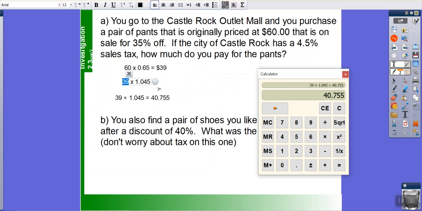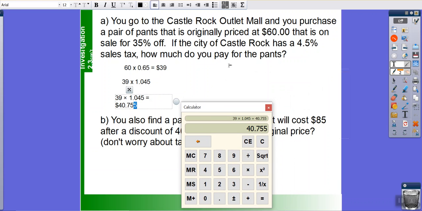So that means I got a $60 pair of pants for a grand total of $40.76, because I have to round up, right? No store is going to give you half a cent for free. Oh no, they're going to make you round up. So that pair of pants is going to cost you $40.76.